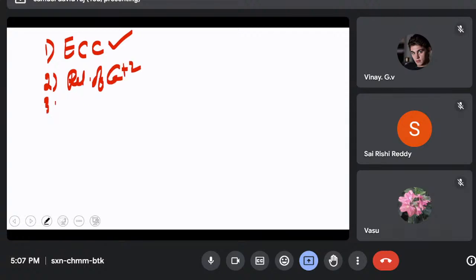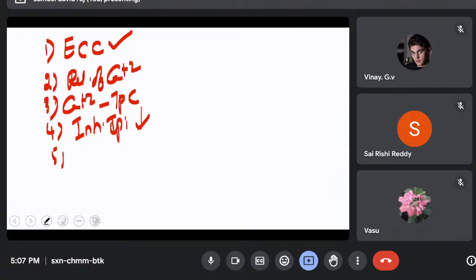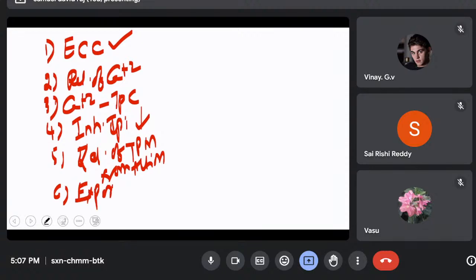Then calcium ions bind to troponin C. Then the inhibitory action of troponin I is inhibited, followed by the release of tropomyosin from actin, and this is followed by the exposure of active sites of actin. So in the first event, the active sites of the actin filament are exposed.